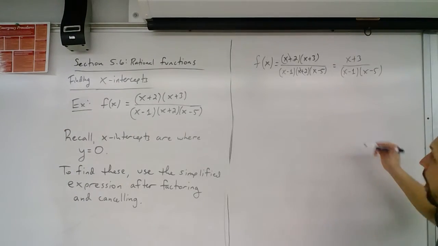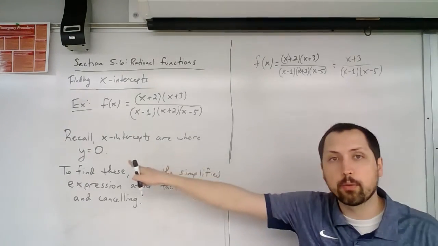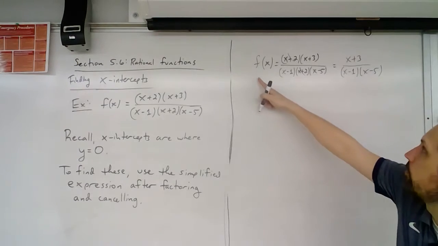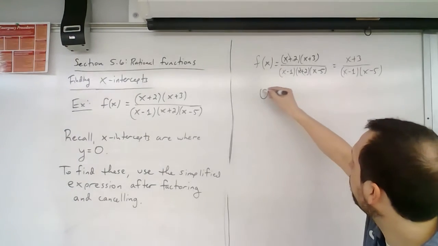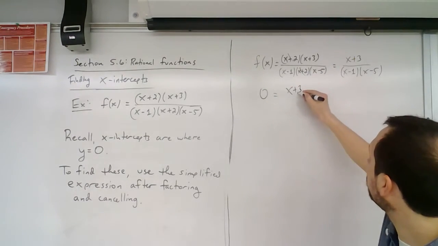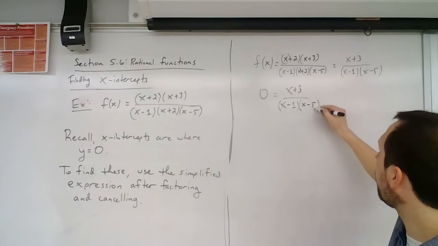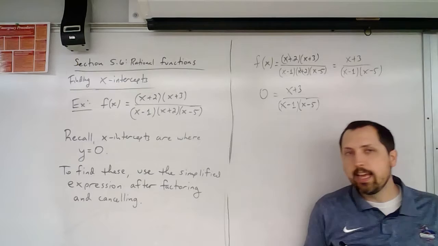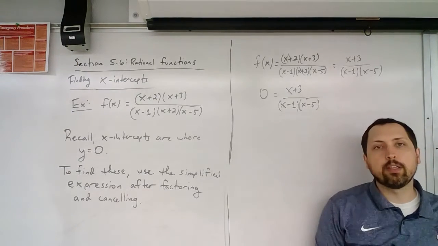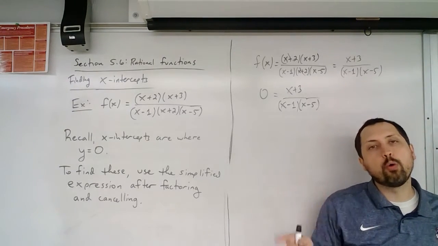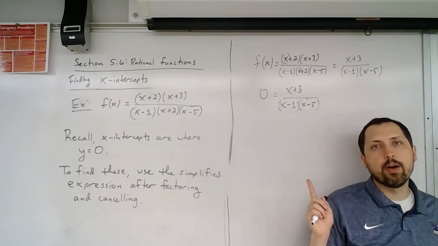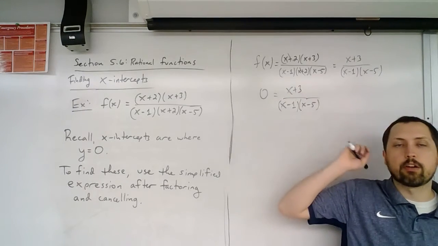So what we now have to do is set y equal to 0. Now remember, y is just another way of describing this. So I am solving 0 is equal to x plus 3 divided by x minus 1 times x minus 5. When we have a fraction equaling 0, the only way for this to equal 0 is if the numerator equals 0.